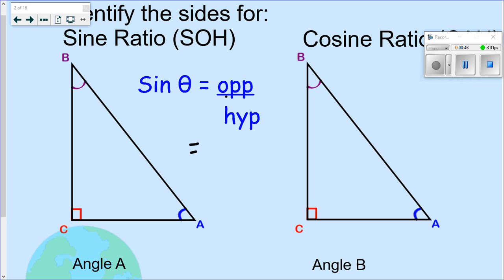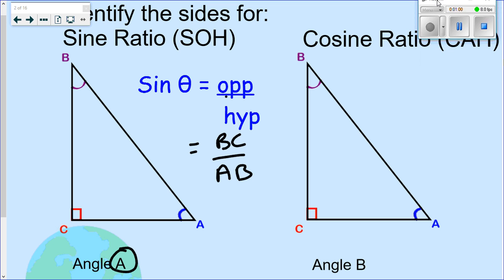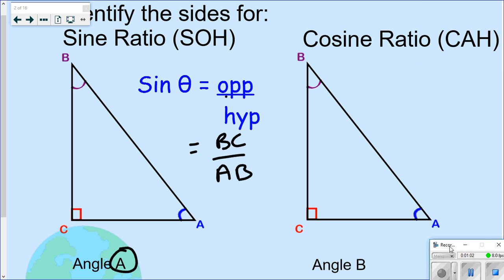Anyways, so based on this triangle, if we're looking at angle A, then the opposite is BC and the hypotenuse is AB. Here we're looking at the cosine ratio, which is the adjacent divided by hypotenuse, right? Adjacent and hypotenuse.